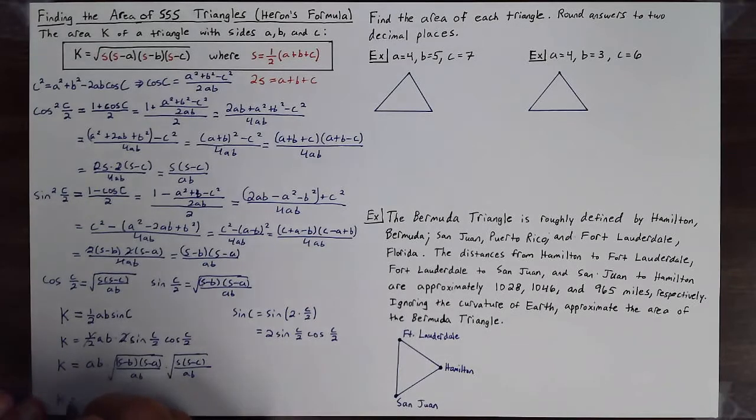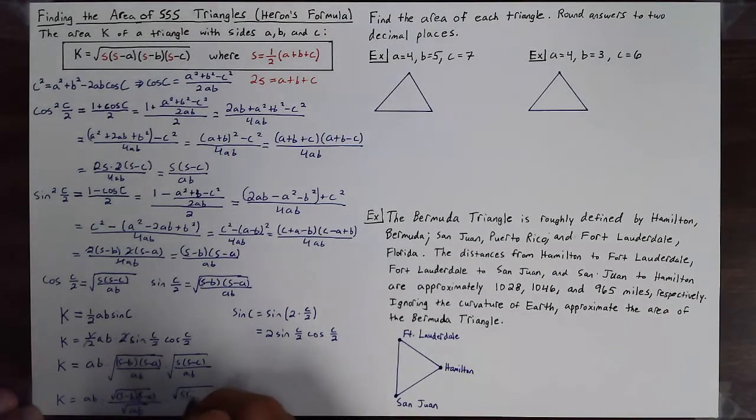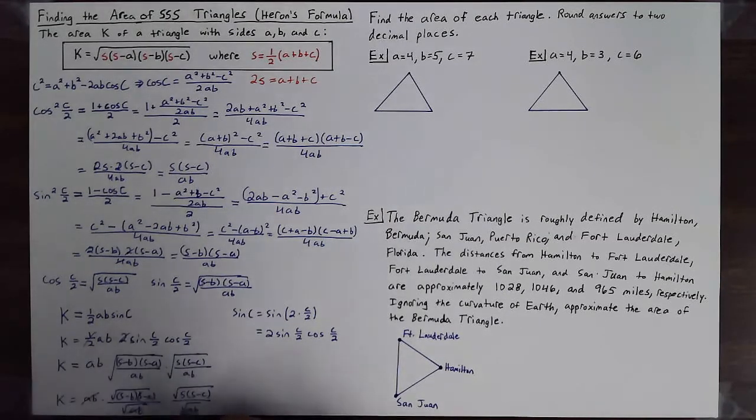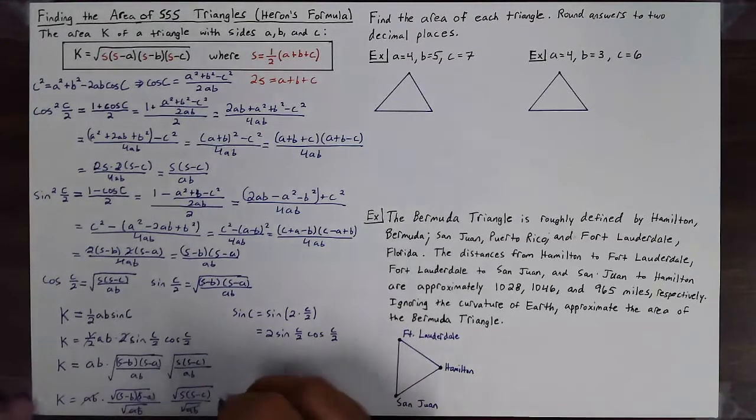And then I can rewrite this as ab times the square root of s minus b times s minus a all over the square root of ab, times the square root of s times s minus c all over the square root of ab. And the square root of ab times the square root of ab is just ab, which will cancel with the ab that's already there. And then I can combine that radical.